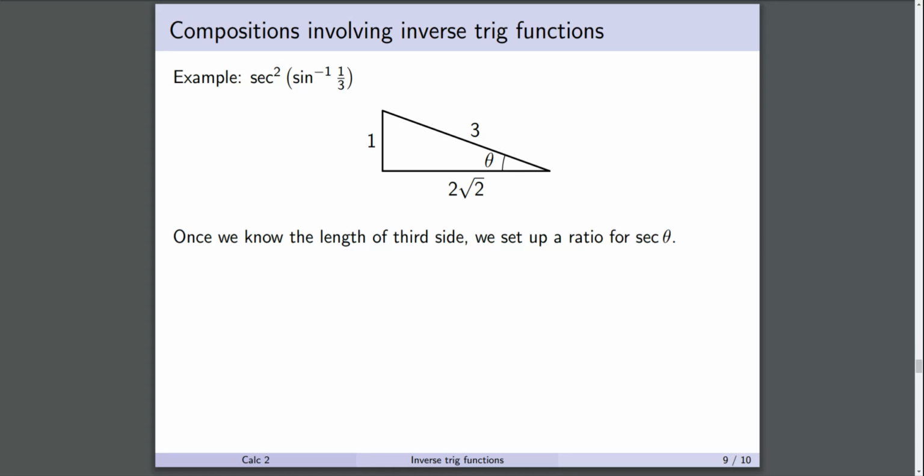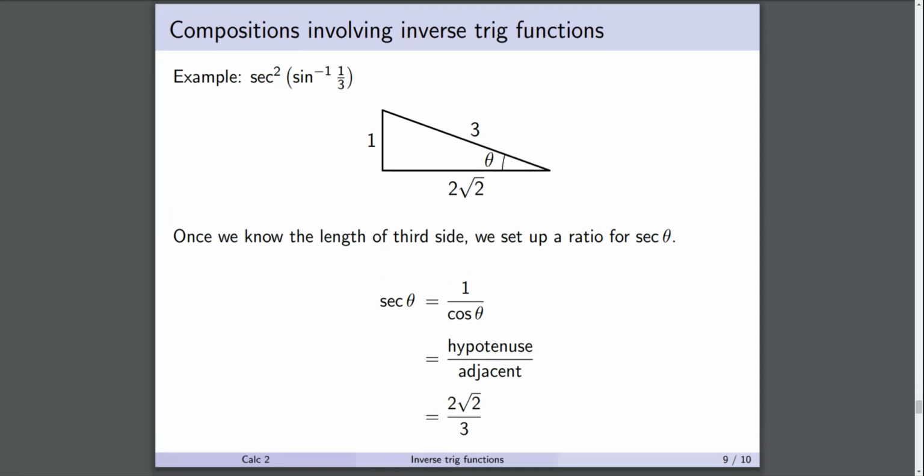And now we're ready to use these values to find the secant of theta. The definition of secant is 1 over cosine, and when I combine this with the definition of cosine, adjacent over hypotenuse, I take the reciprocal of that fraction to get secant theta.